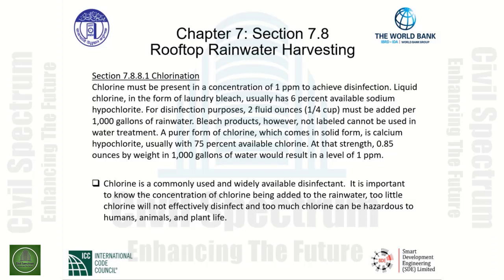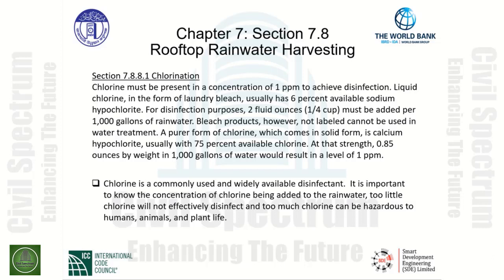Liquid chlorine in the form of laundry bleach usually has 6% available sodium hypochlorite. For disinfection purposes, 2 fluid ounces, a quarter cup, must be added per 1,000 gallons of rainwater. Bleach products not labeled for water treatment, however, cannot be used.